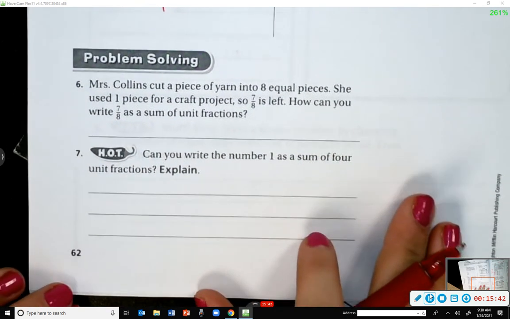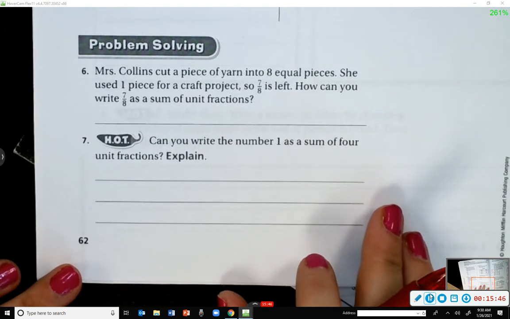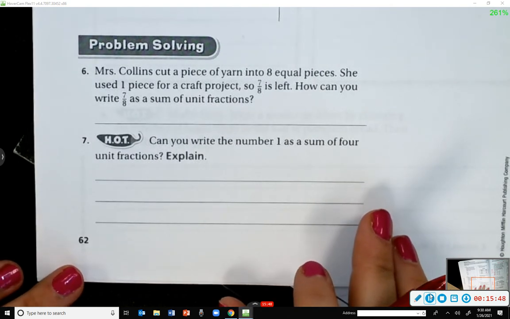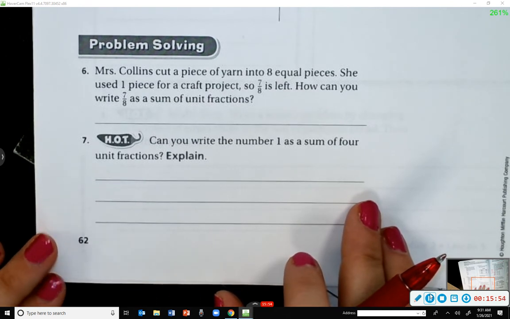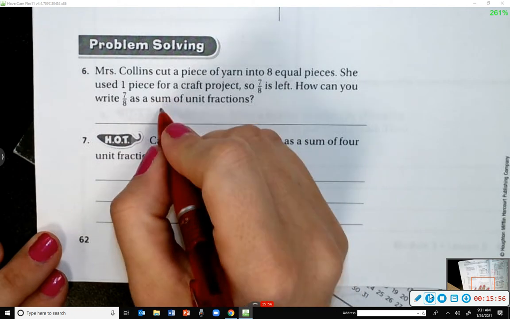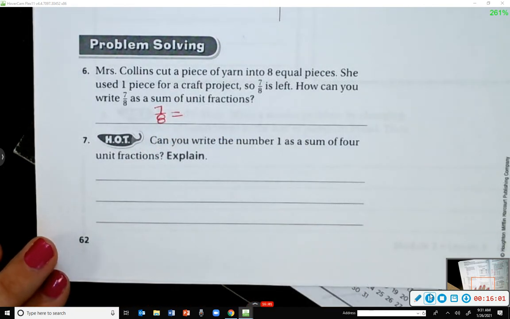Okay, number 6. Mrs. Collins cut a piece of yarn into 8 equal pieces. She used one piece for a craft project, so 7/8 is left. How can you write 7/8 as a sum of unit fractions? So what are we doing if we're taking 7/8 and writing it as a sum of unit fractions? Bryson?